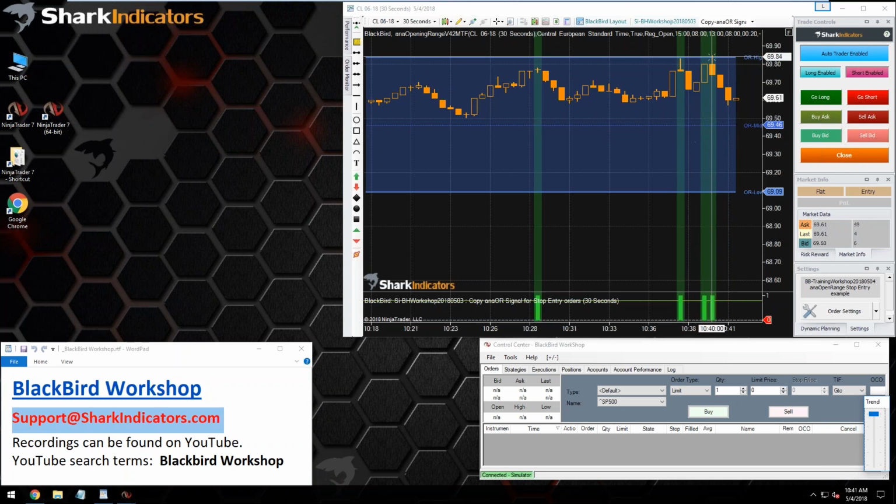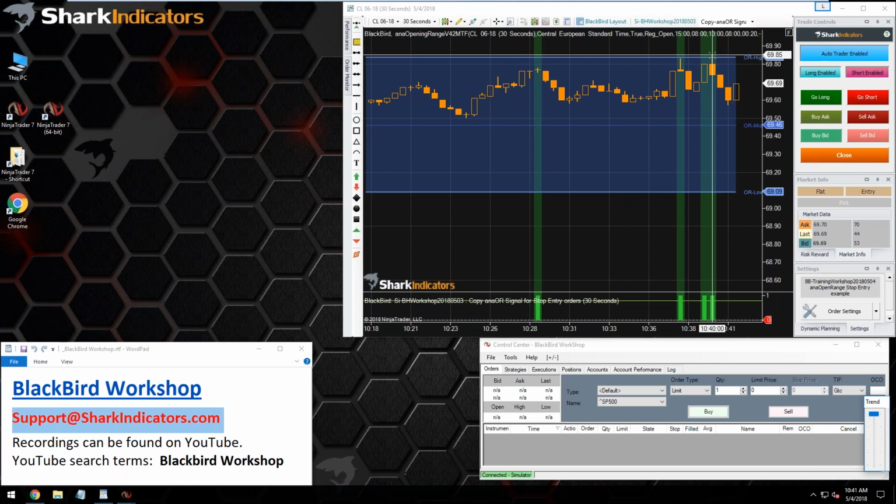Yeah, now, yesterday, the BloodHound logic was designed so that if one of the wicks broke outside the range, like we have right here, then the BloodHound signals were designed to stop generating signals after that.